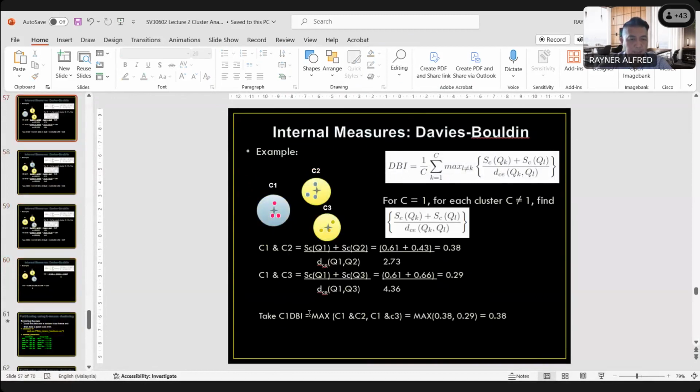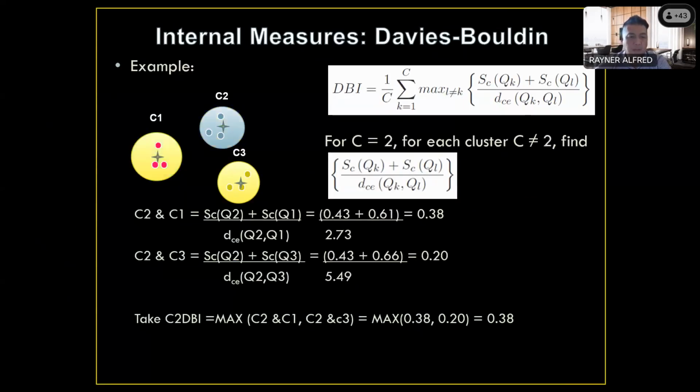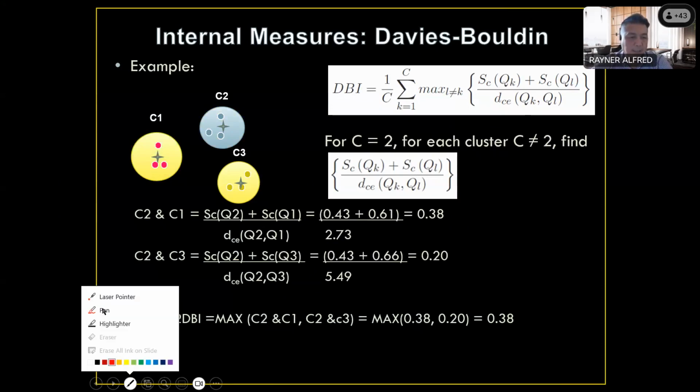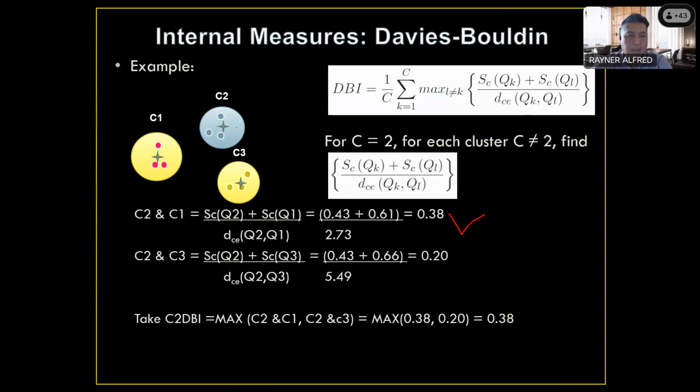Okay, so for the cluster 2, the dBi would be 0.38. Okay, because we are looking at what is the worst scenario here. So basically, the worst scenario is between cluster 1 and cluster 2.